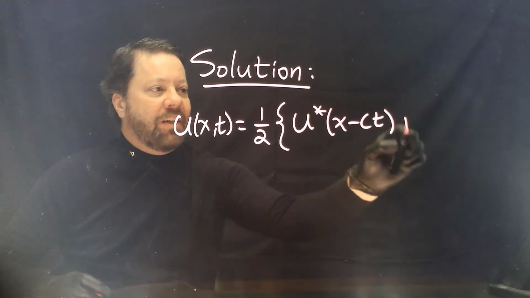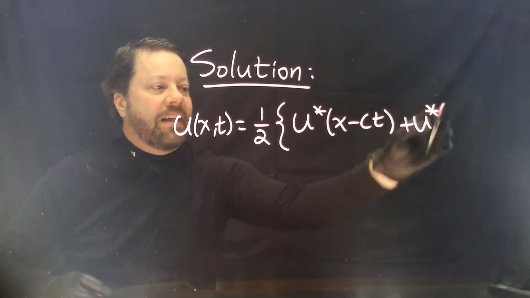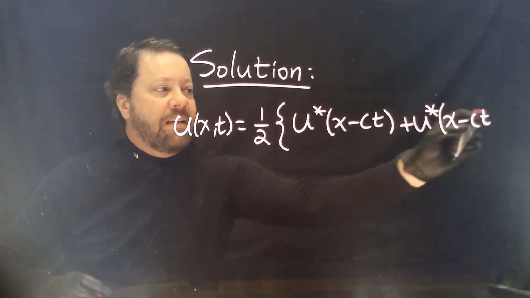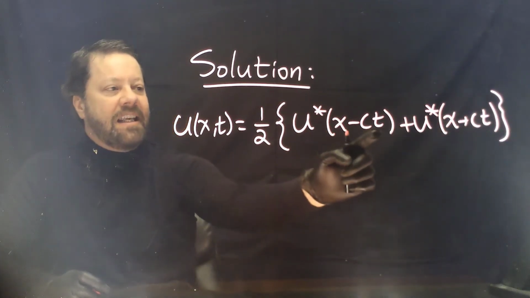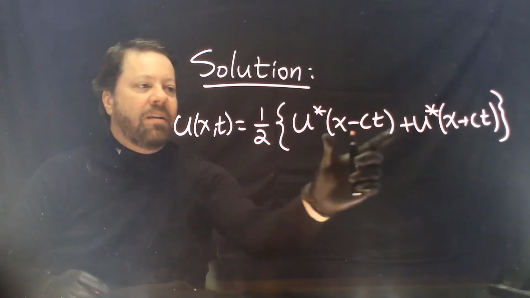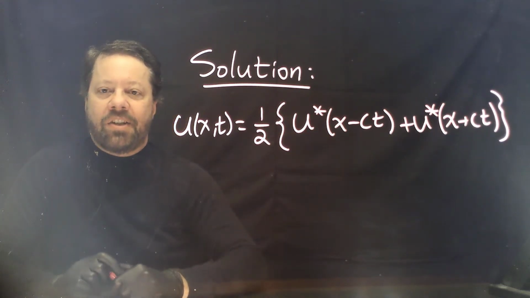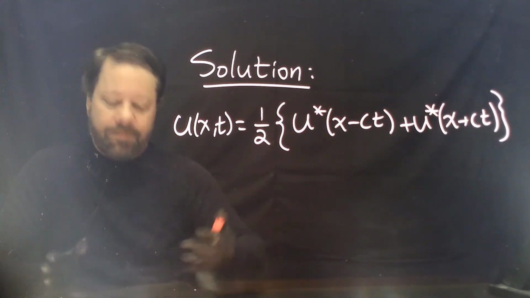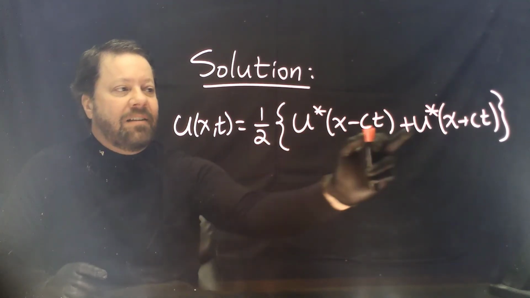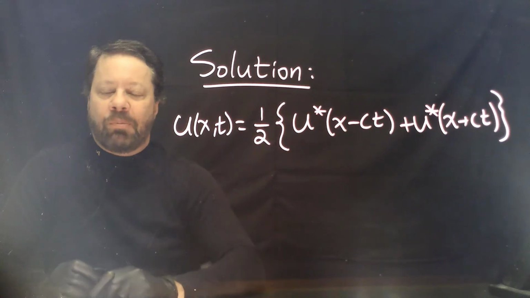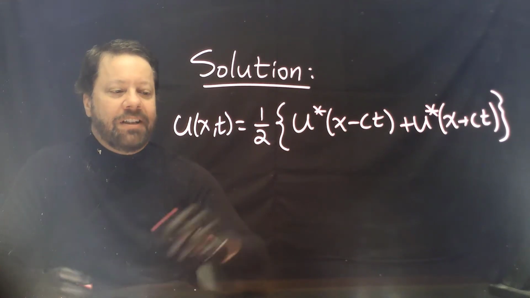But in addition, we're going to have the same thing moving at the speed c in the other direction. At t equals 0, we just end up with the odd extension. And if we restrict ourselves to the interval from 0 to L, that just gives us the initial data twice multiplied by a half. We just end up with the initial condition.